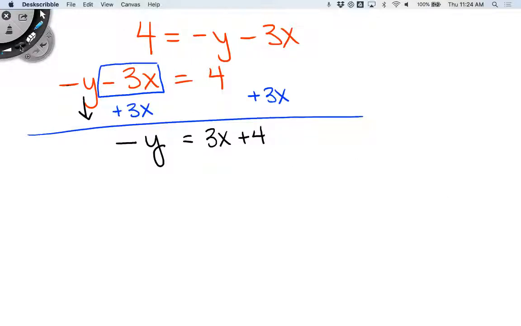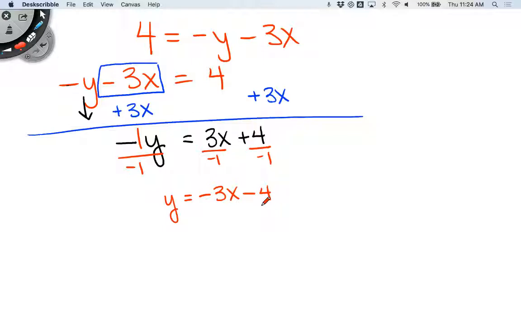So am I in y equals now? So I'm all done? Nope, because I have basically a negative 1 stuck to the y, so how do I unstick them? Divide by negative 1. And what I do, I have to do to everything. So I would be left with y equals negative 3x minus 4.